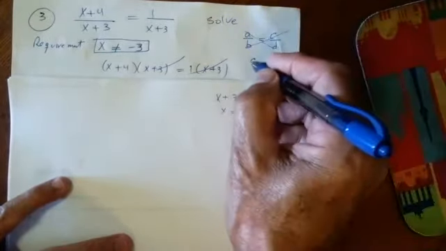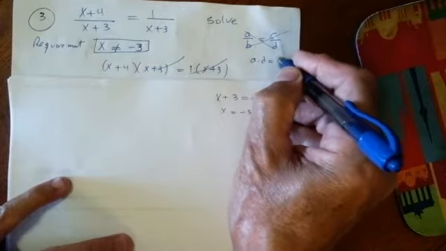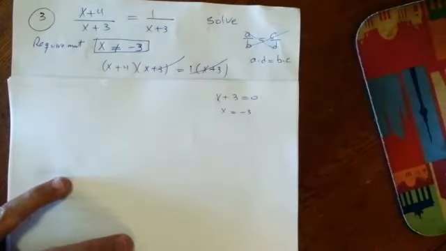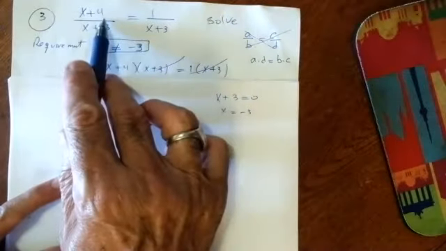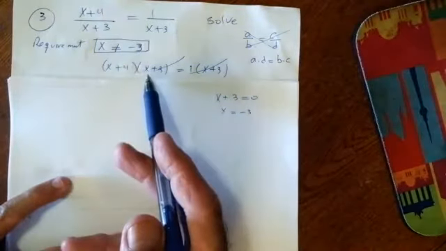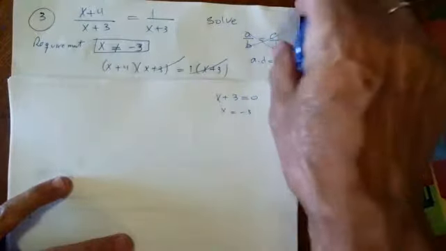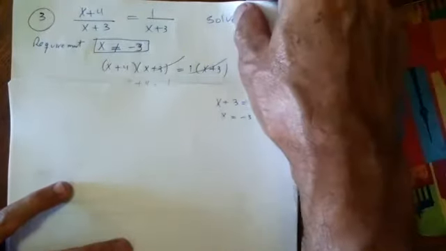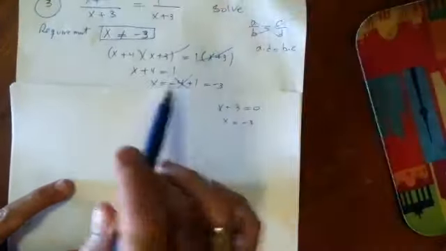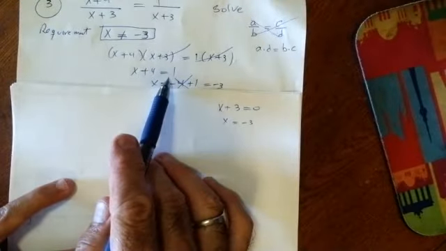So A times D is B times C, or vice versa. You take this numerator and multiply by that denominator and so on, and then x plus 3 and x plus 3 both cancel because both are the same. So all that is left is x plus 4 equal to 1.